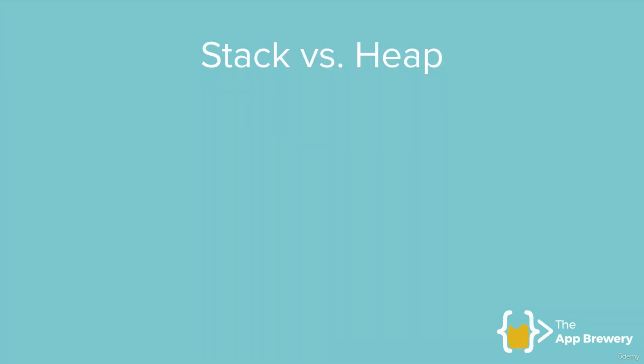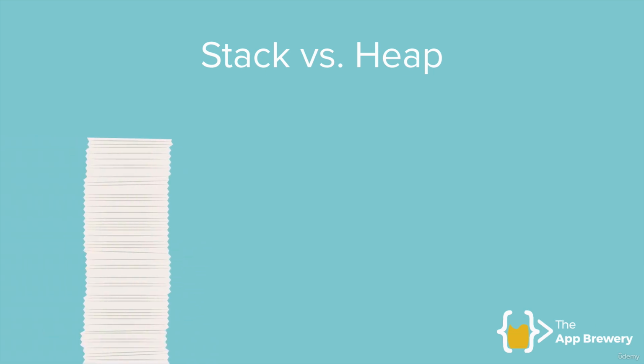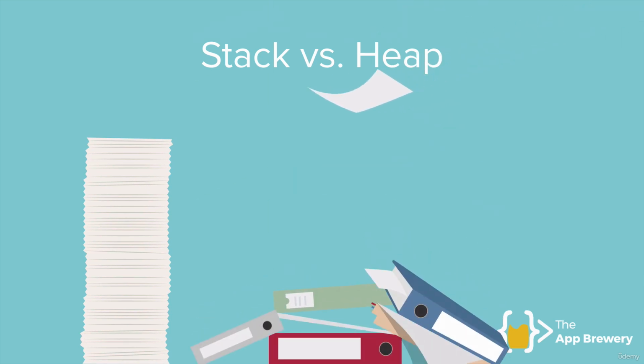And stacks and heaps are simply different ways of organizing the RAM, and they're used for different purposes. So let's say that you're working at an office. A stack might just be that, a stack of papers which you have to get through from top to bottom. But a heap could be just a random heap of all of your files and folders.